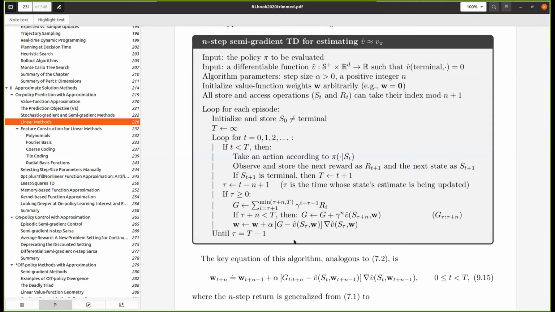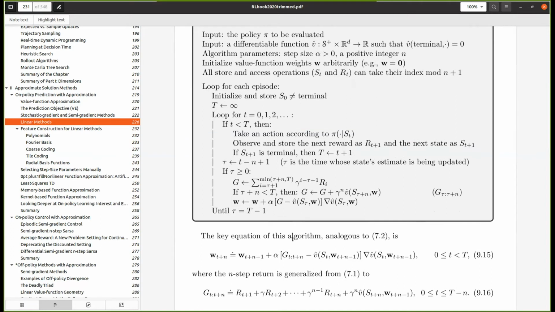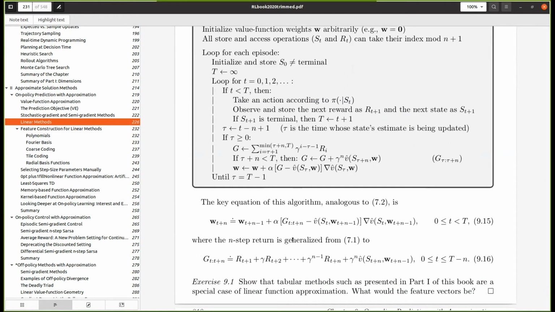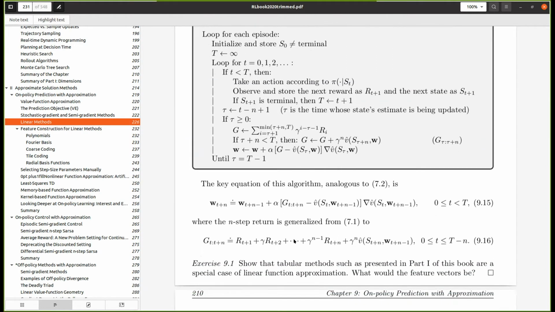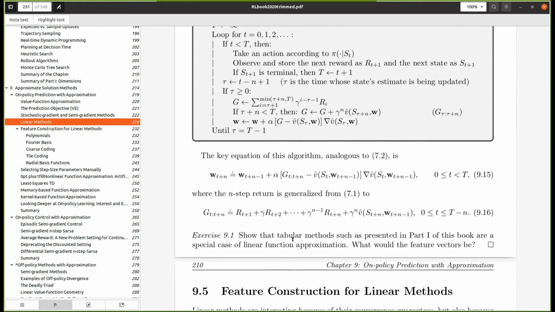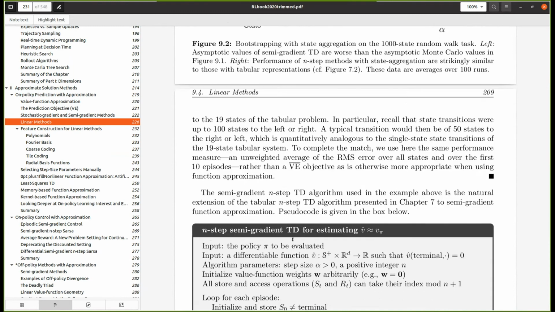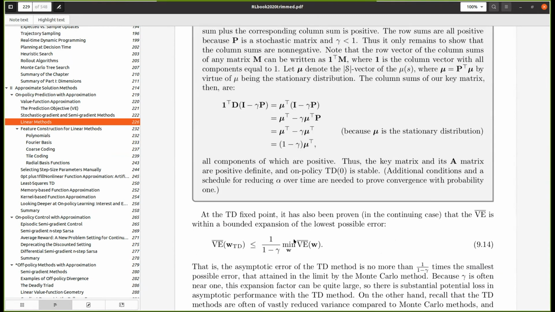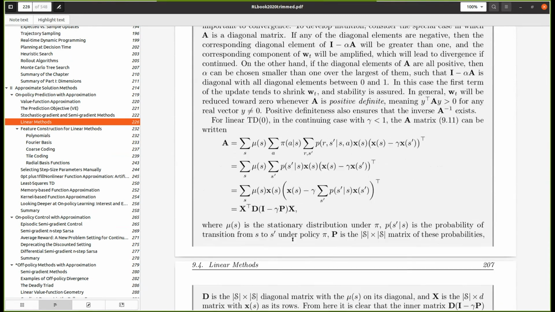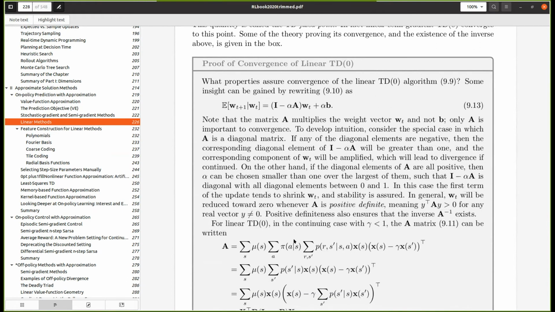I don't know how it would combine with auto-differentiation software. Also, the convergence proof, for example, that we had here, assumes a semi-gradient method.